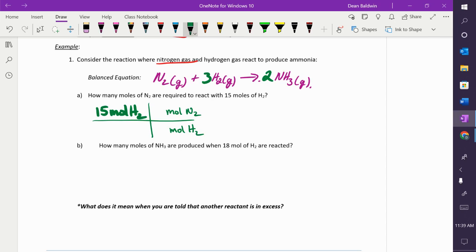So this is 1 mole of N2 reacts with 3 moles of H2. 15 divided by 3 is 5 moles of N2. So if you have 15 moles of hydrogen gas, you need 5 moles of nitrogen gas to have this reaction work. Okay?